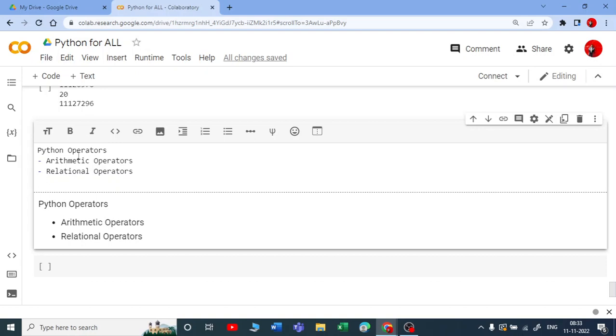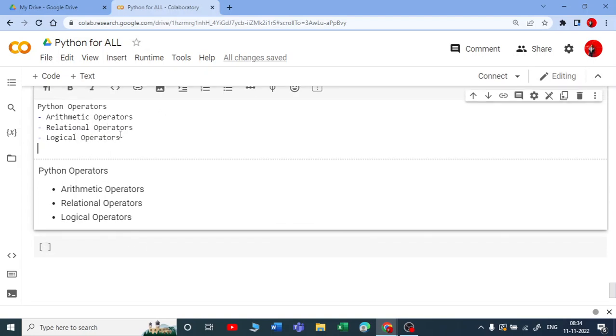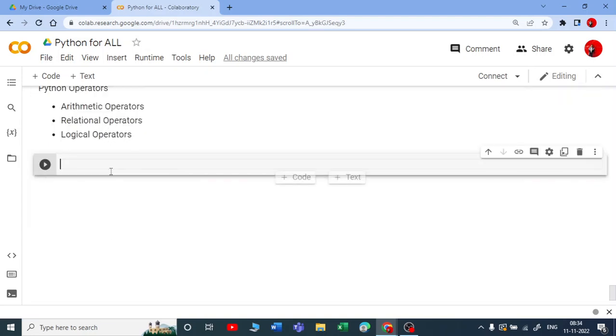And we have the logical operators. These are very simple. In any programming language, we talk about these operators at the very beginning. Then we have the bitwise operator, shift operator, and the assignment operator. We are not talking in detail. Let us look at these three types first, and then we will go with the advanced part later on.